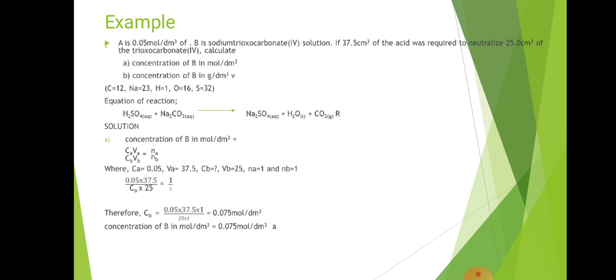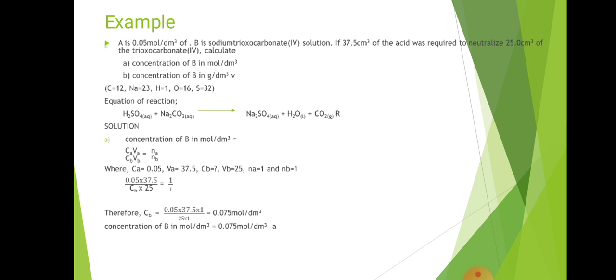From the equation of the reaction, we found out that 1 mole of tetraoxosulphate(VI) acid is reacting with 1 mole of sodium trioxocarbonate(IV). Therefore, from stoichiometry, CAVA over CBVB is equal to NA/NB.